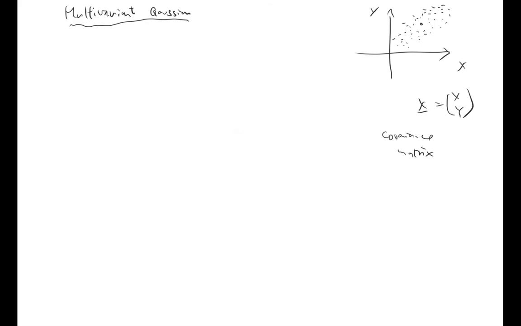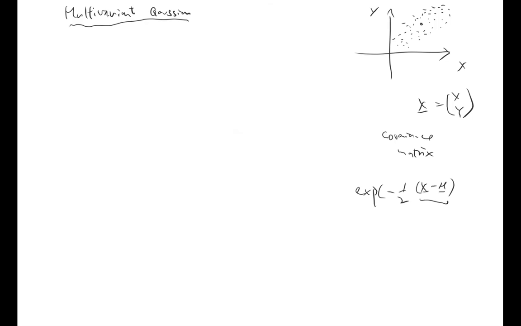And the PDF in this case will be, again, I just remember the exponent. The exponent will be exponential of minus 1/2 times x minus the mean, mu, right? Let me make it a vector as well. If I have a scalar, it will be like square over sigma square, right? But here, because it's a matrix, I have a vector multiplied by a matrix.